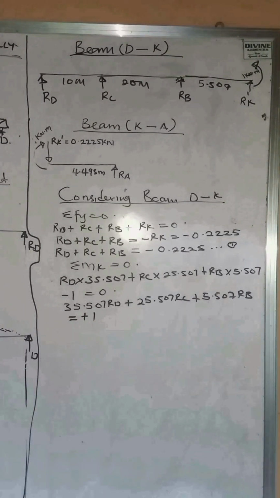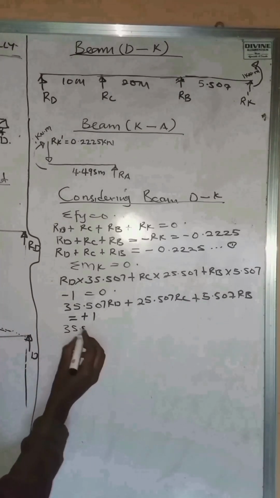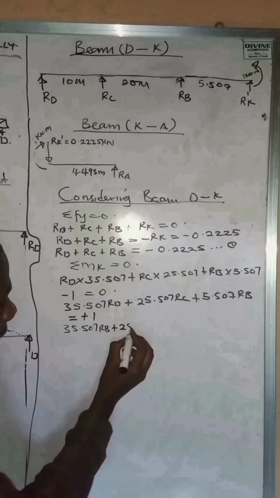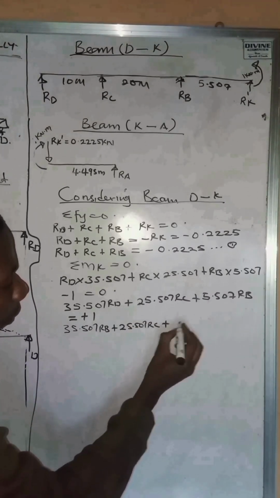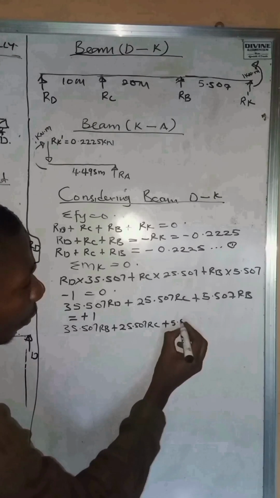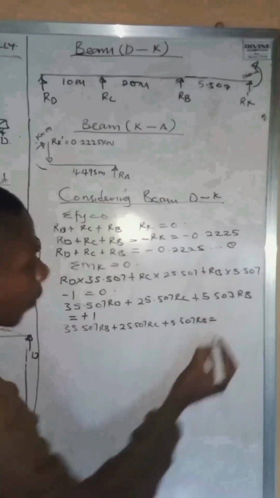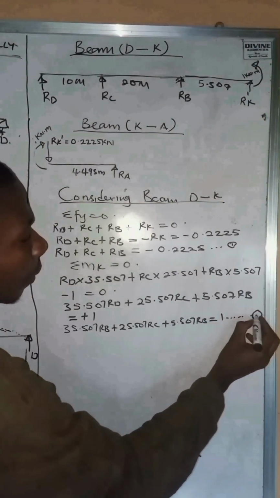So this is the second equation we have obtained for this beam D to K. Now we can write this equation as 25.507 RC plus 5.507 RB equal to 1. So let's call it equation 2.